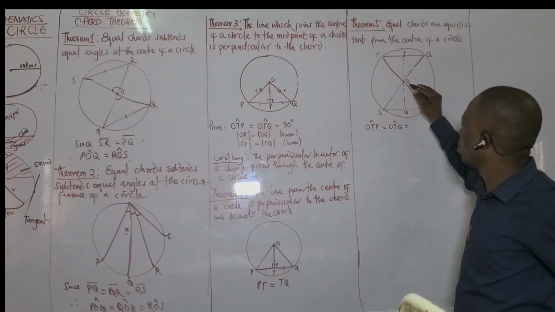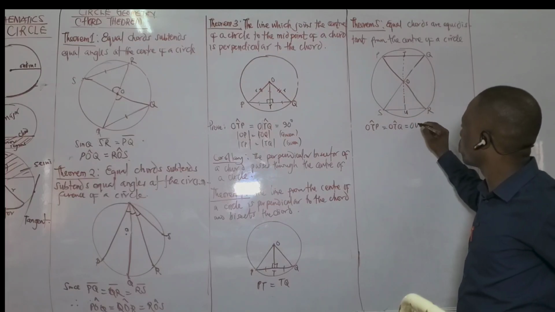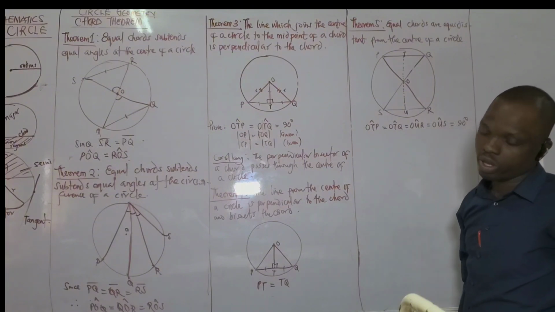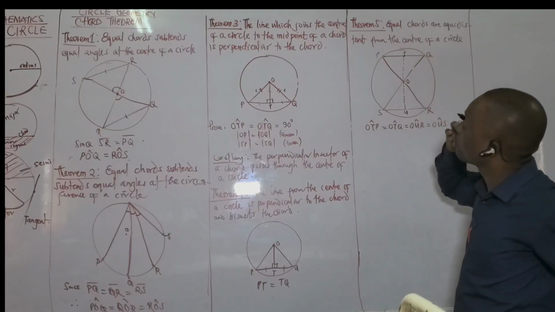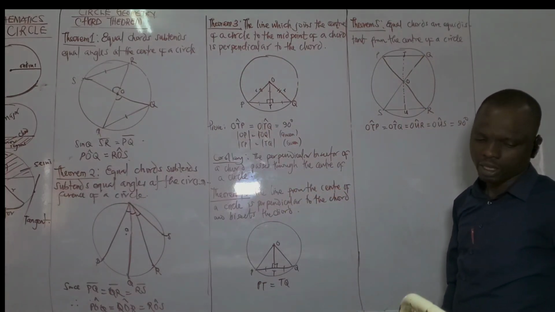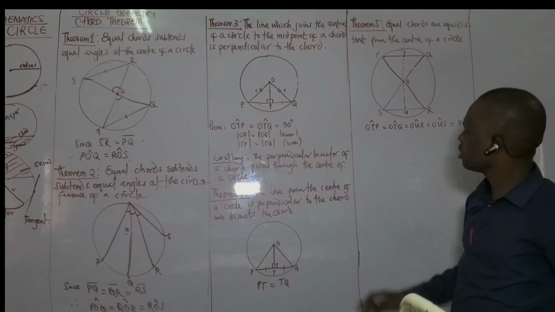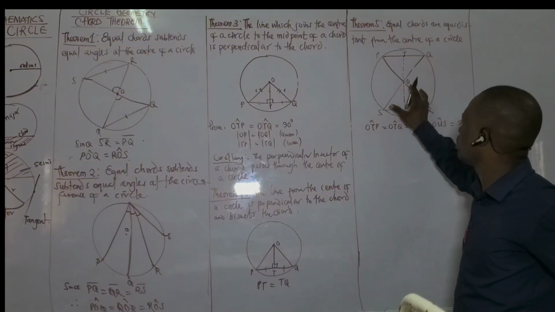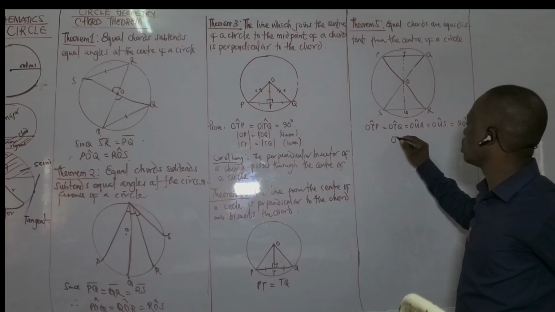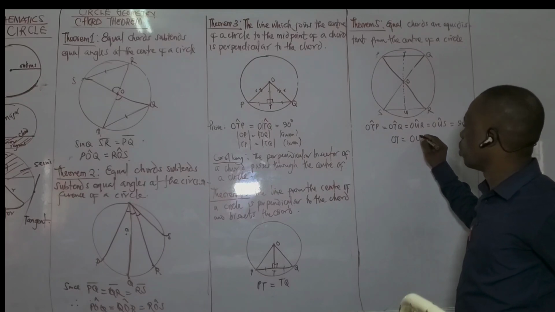Also, OUR is the same thing as OUS, which also equals 90. We have been given this from the other theorem that we have discussed. And since the triangles are the same, we can now conclude that OT is equal to OU.